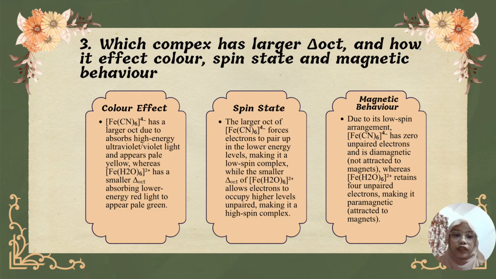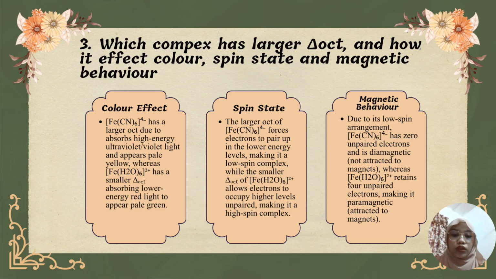For the spin state, with the large splitting energy in [Fe(CN)6]4-, the electrons are paired up in the lower energy level, making a low spin complex, while the smaller splitting energy in [Fe(H2O)6]2+ allows electrons to occupy the high energy level and remain unpaired, making it a high spin complex. Third is magnetic behavior.